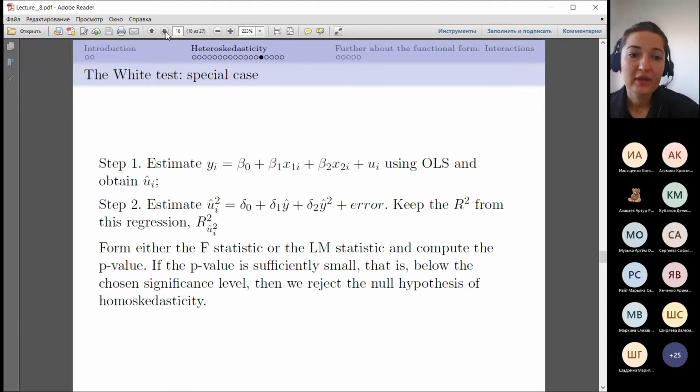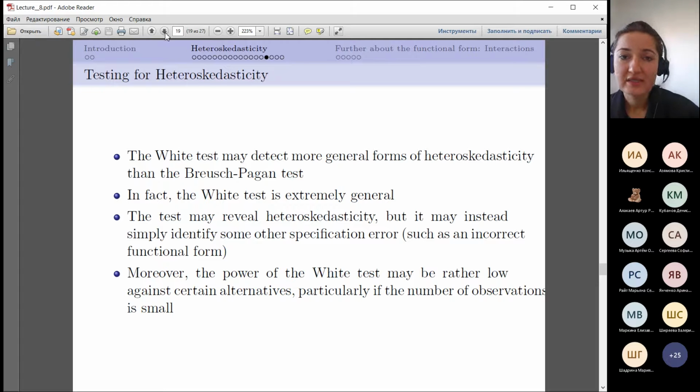Okay, so let's summarize our ideas about the testing of heteroscedasticity. Of course, the first idea is that you have a lot of different tests.